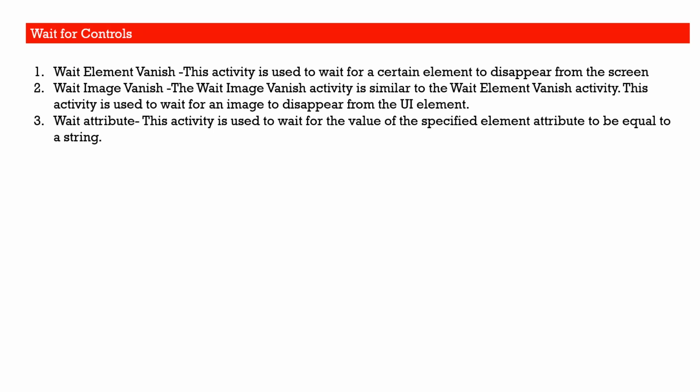We can use the wait element activity, wait image activity, and wait attribute. These activities are used to wait for a certain element to appear or disappear from a screen, right? Using these, we should be able to make our workflow more stable, right? We'll look at these when we create a login form example.